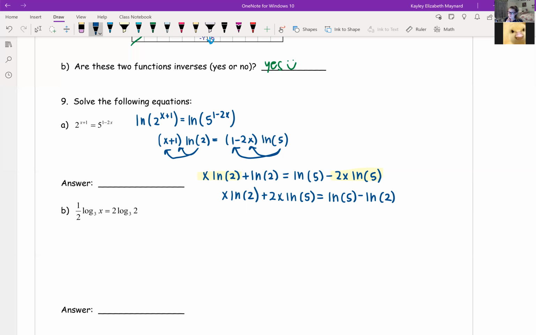So since I am solving for x, I'm going to go ahead and factor this x out of both terms. So I get x times ln of 2 plus 2 times ln of 5 equals ln of 5 minus ln of 2.